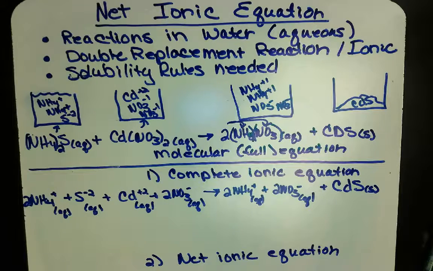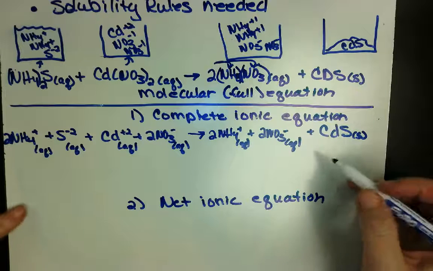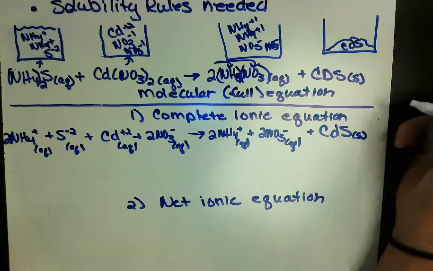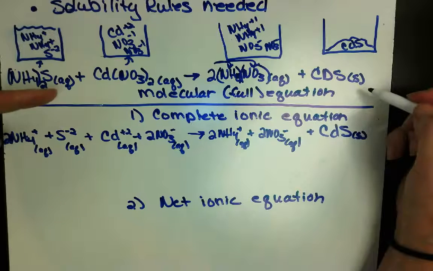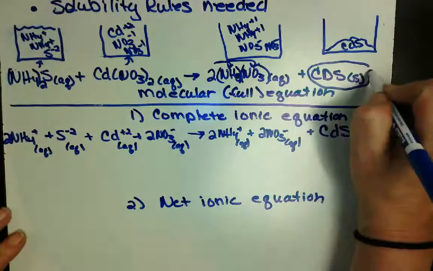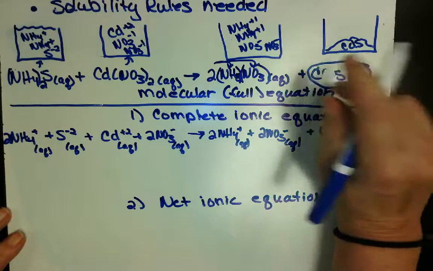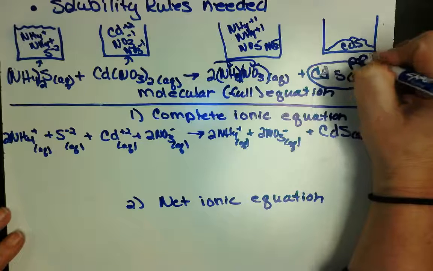So now, the net ionic equation. Some people are going to go through the spectator ions first. I find it this way easier, and here's where I differ. What is our precipitate? What was formed here? First of all, was there a reaction? If they were all aqueous, they were all still floating in solution, there would be no reaction, but I have this cadmium sulfide, which is our precipitate.